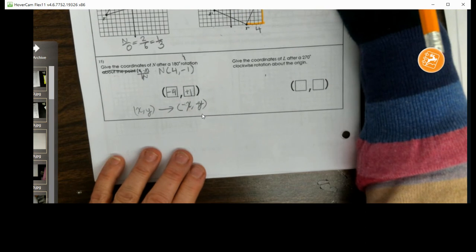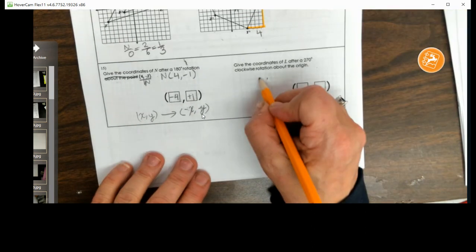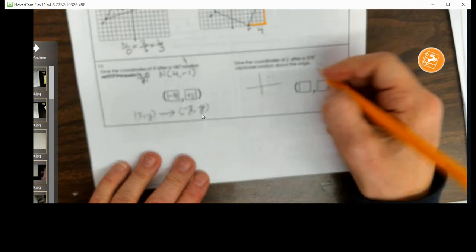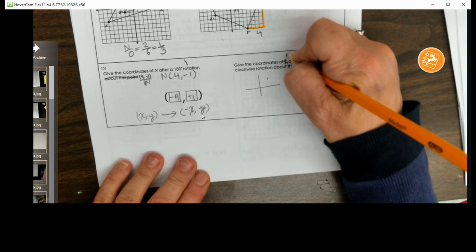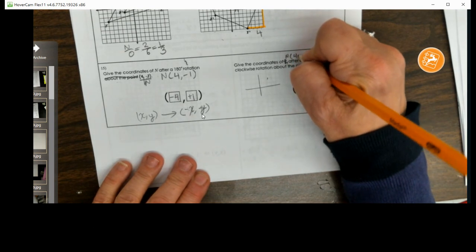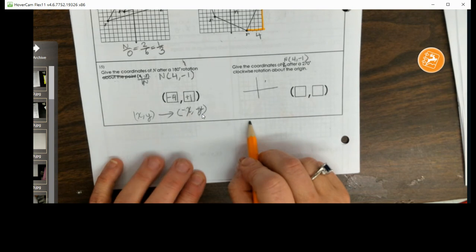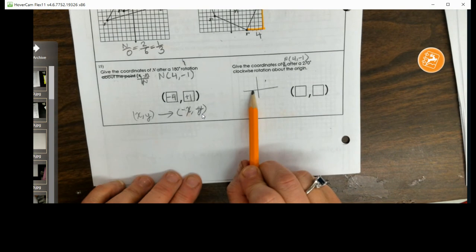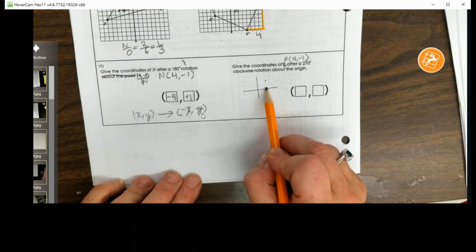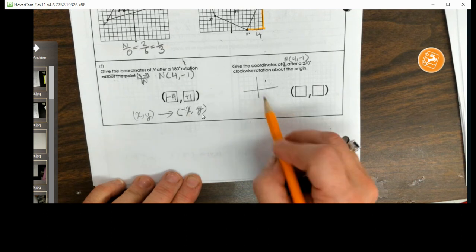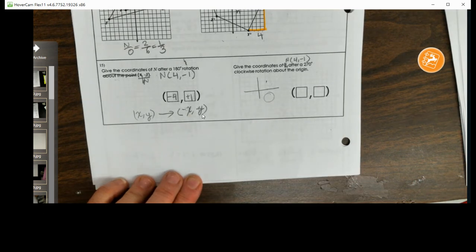Okay. Now we're doing a 270-degree turn, and we're saying that L is the same as N, which is 4, negative 1. So I'm starting off in this quadrant.